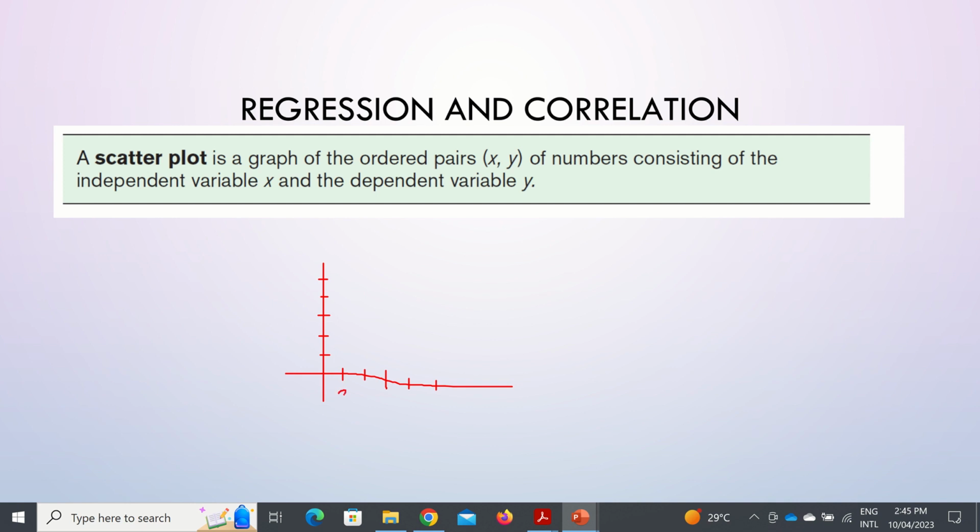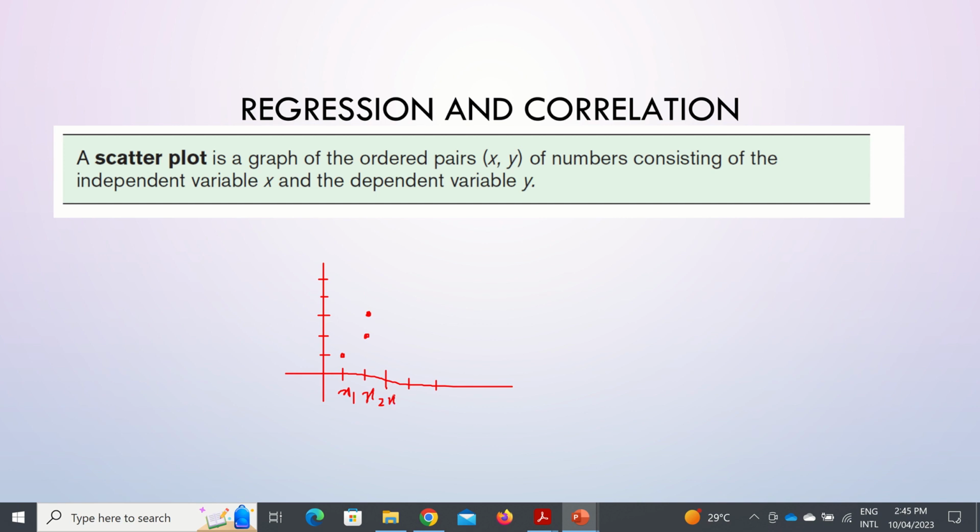For example, for x1, we may have some y1, so we simply put a dot here. For x2, let's suppose there is some value lying here, it might be y2. We may have another value for the same value of x, this one as well.